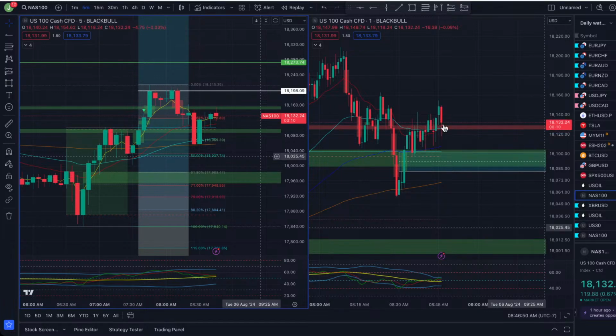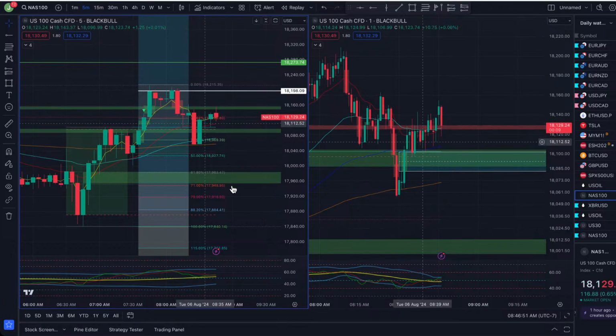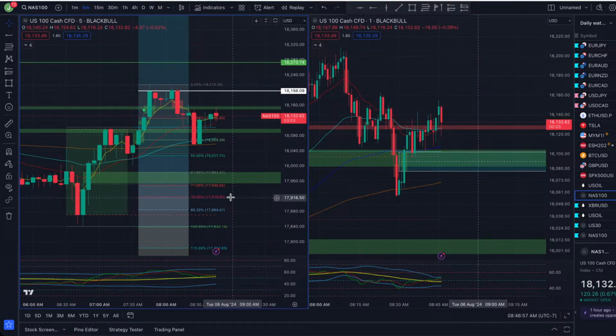Ten seconds left in this candle close on the 1 minute. On the 5 minute, we have 3 minutes left.